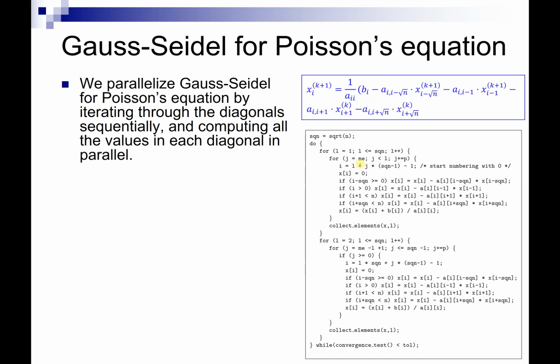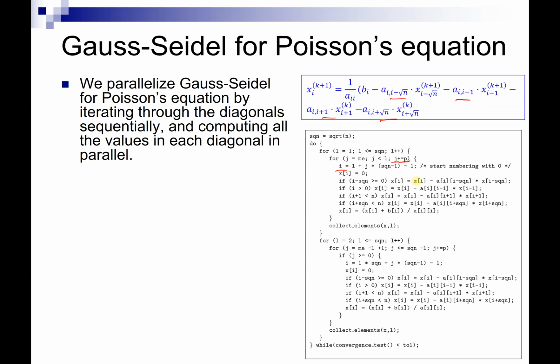Within each diagonal we have a bunch of values, and we can compute those values in parallel using P processors. Each processor computes every Pth value. If you have 10 processors, you would do the first value, the 11th value, the 21st value, and so on. For each of these values you compute the index over here, and you see that each of these involves 4 terms, so there are just 4 non-zeros over here.